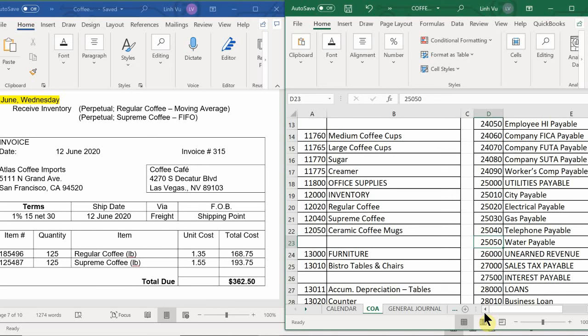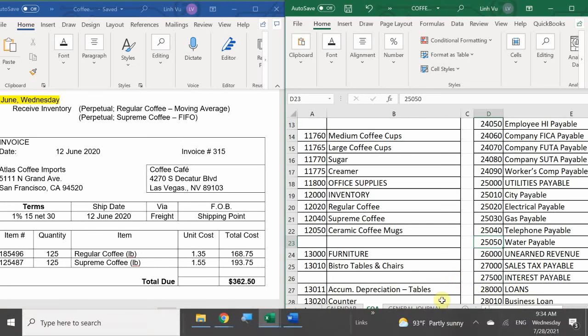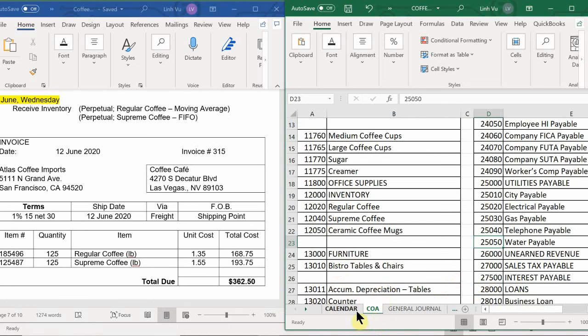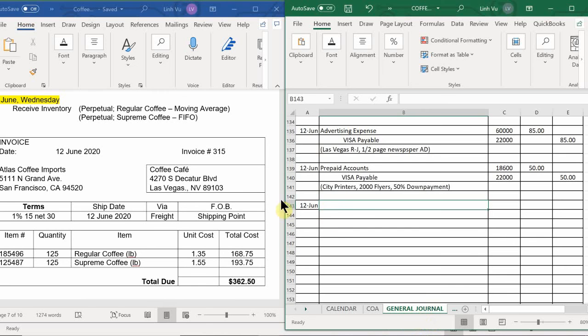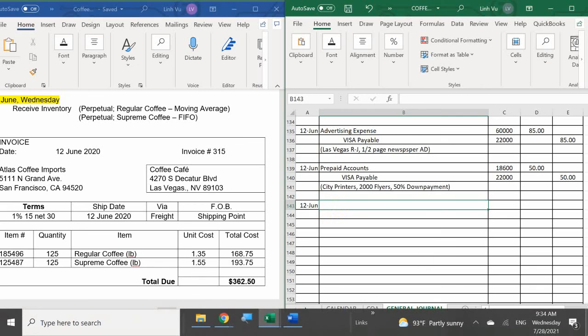Okay, I have a regular coffee and I have a supreme coffee, 12.20 and 12.40. So that's exactly what we're going to do. We're going to recognize it as inventory. So I have an account for regular coffee and an account for supreme coffee.